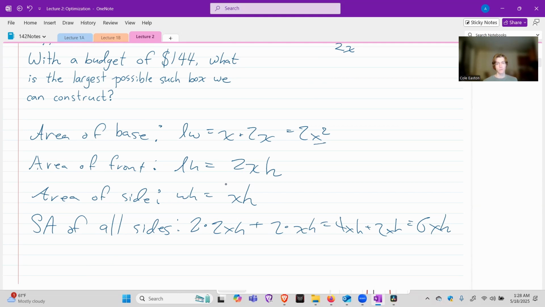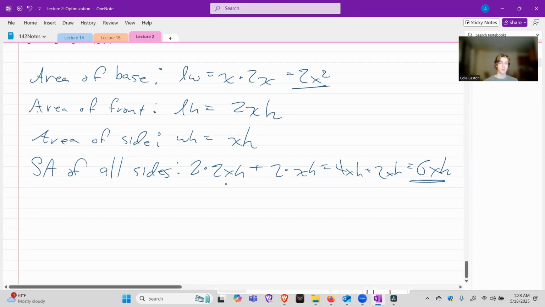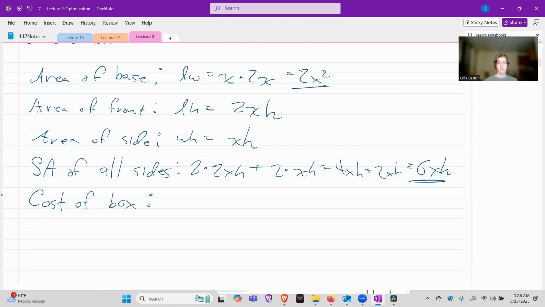So now we have figured out the area of the base. All of this area here is made of titanium, and all of this area for the sides is made of copper. So let's figure out the total cost of our cube, or not cube, but of our box. The base has an area of 2x squared, and each square inch for the base costs $6.